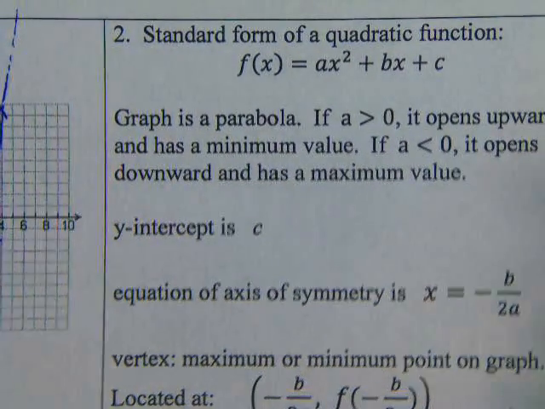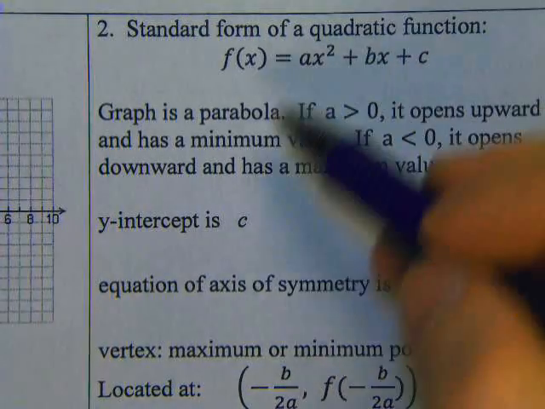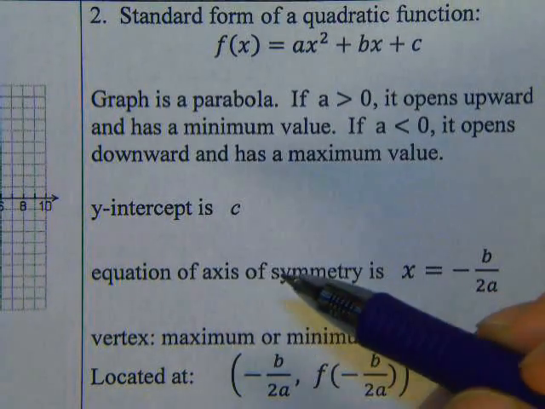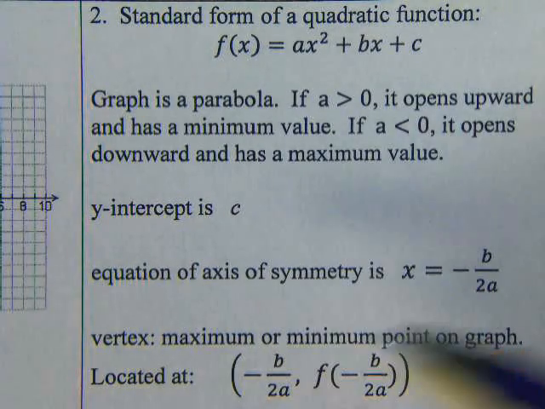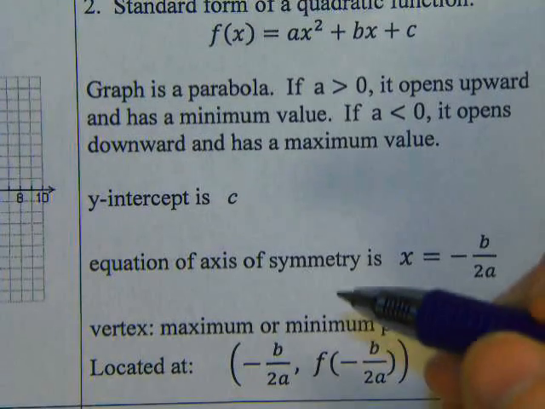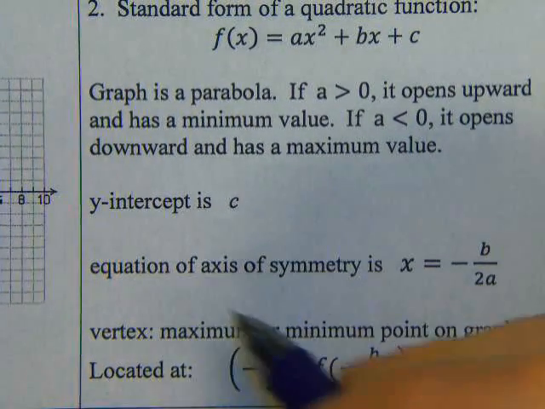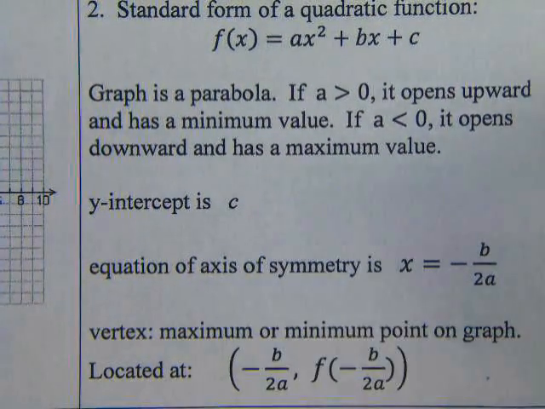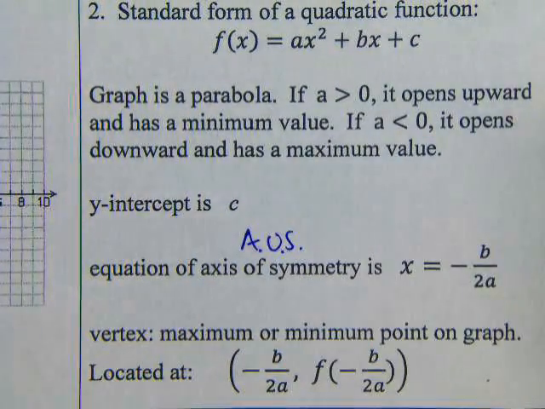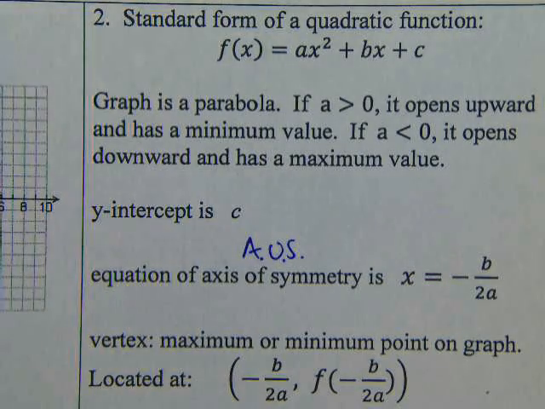Here are some notes. If it was me doing the homework, I would keep this out right next to my work so I can reference it, or even write these equations on the top of my homework until I got super comfortable with them. I'm going to put an abbreviation here for axis of symmetry, AOS. We'll use that more than once and it will save us some space.